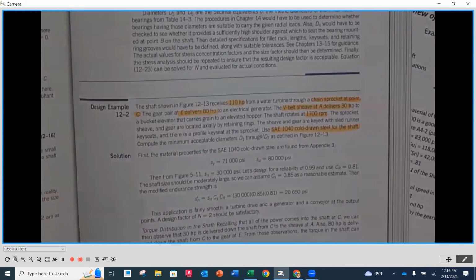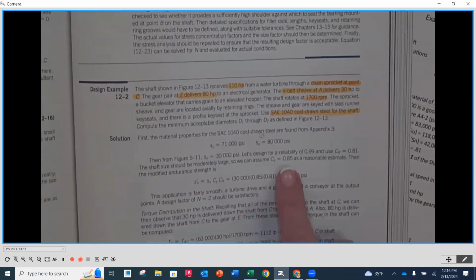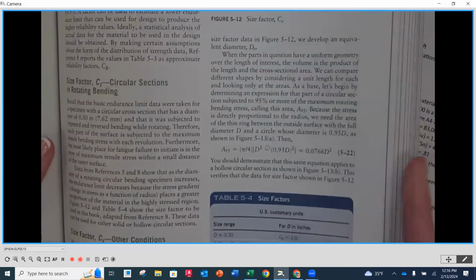And number two, with a little bit of experience, you know what sizes of shafts you're expecting. That's what that second table is all about, the size factor. So they came up with a size factor of 0.85, and their reliability factor is 0.81. But let's go to page 181 and look at what that means.